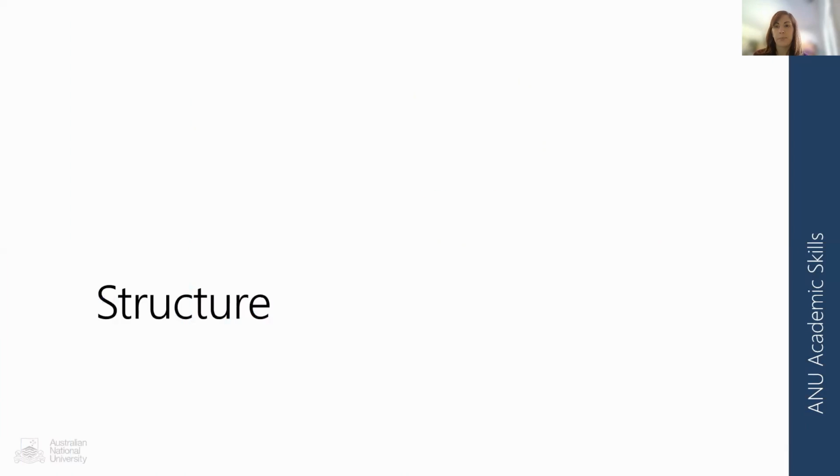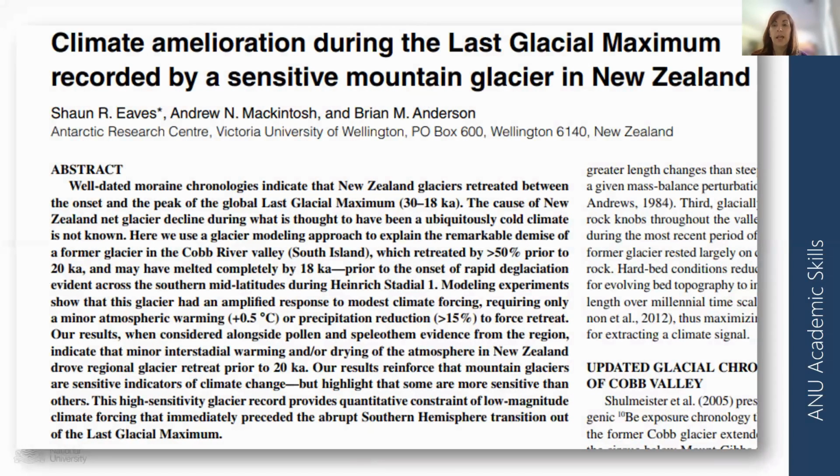So we can have a look at this here. Have a little read of this abstract and see if you can find all those parts. So we can see those first couple of sentences are some context.